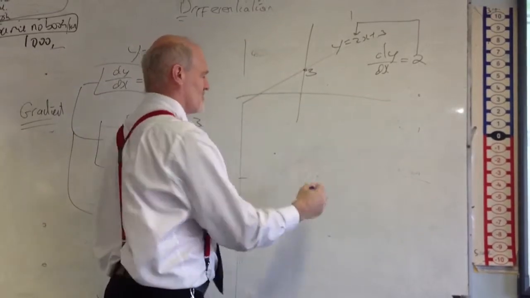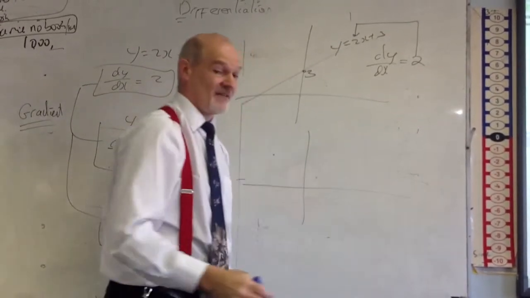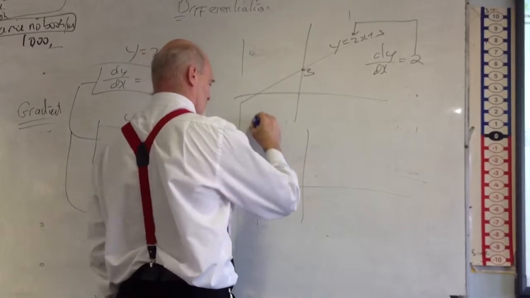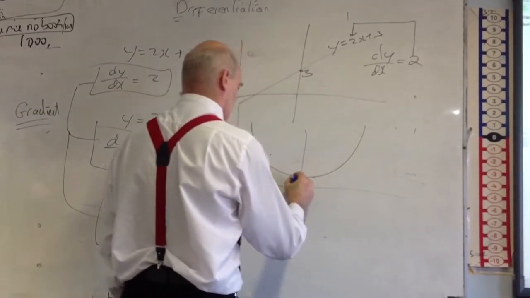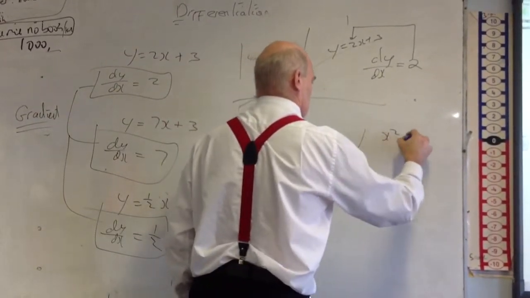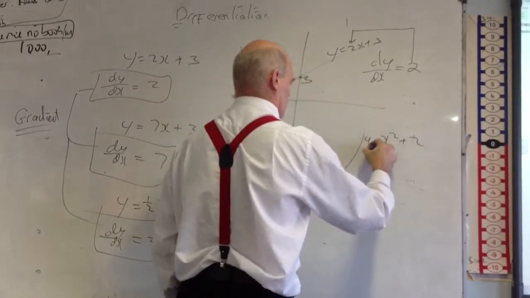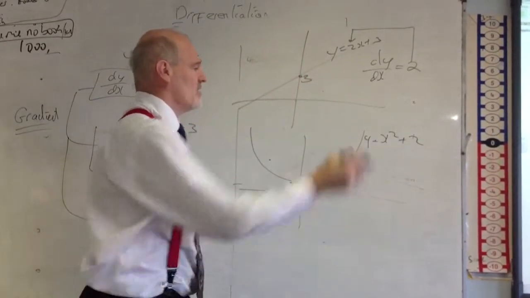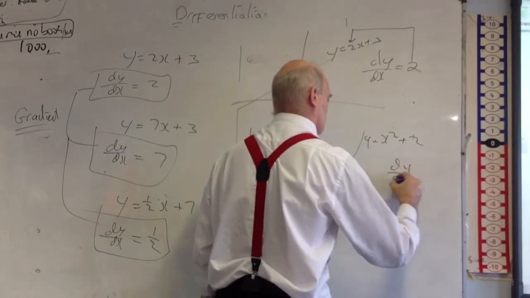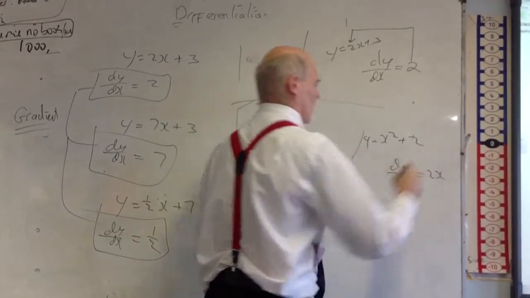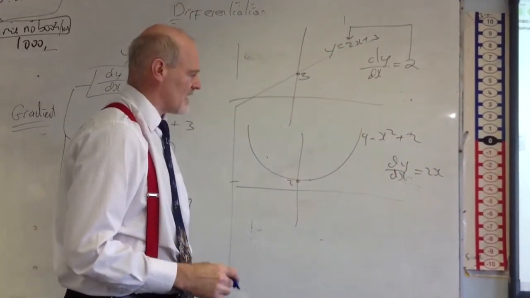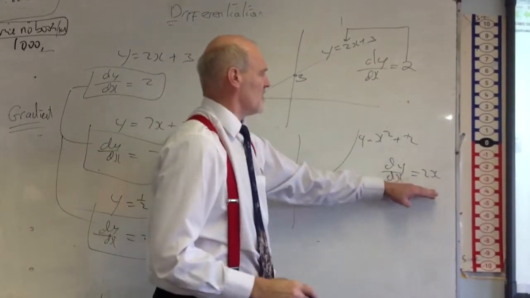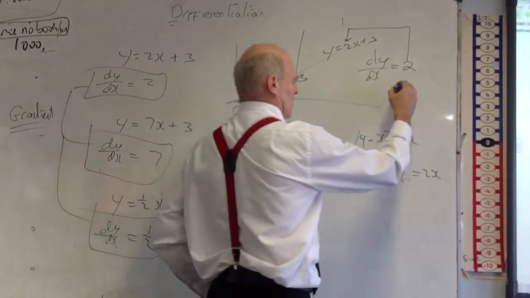So we can use this when we don't have lines, when we've got curves. This here looks like x squared plus 2. I know if I differentiate it, the answer will be 2x. Now what does that mean? We've just discovered this thing makes gradients.